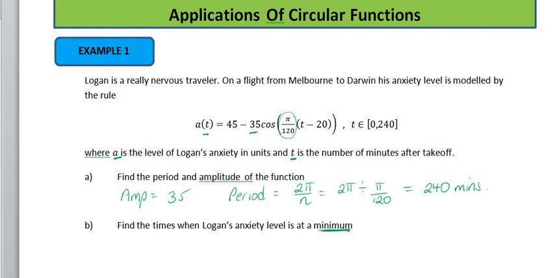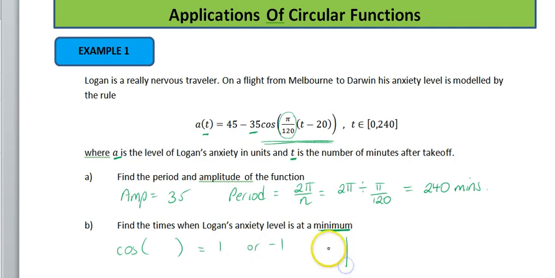So first, algebraically, we know any cosine function has a minimum and a maximum of 1 and negative 1. So what you could be doing is you're saying, when does this function here have its minimum point? So in other words, when is cos of the angle equal to 1 or negative 1?